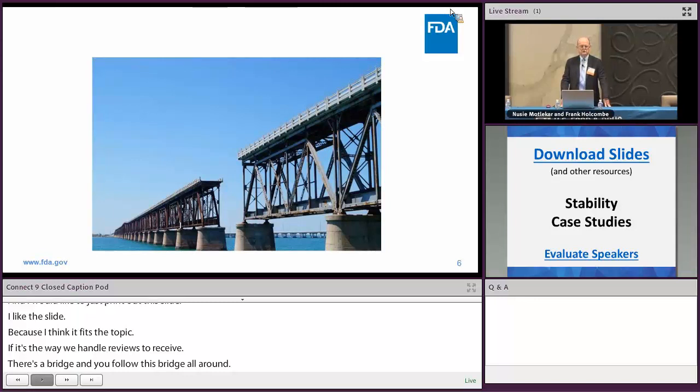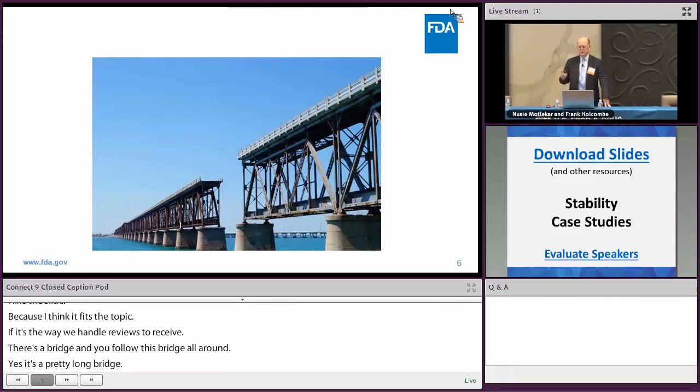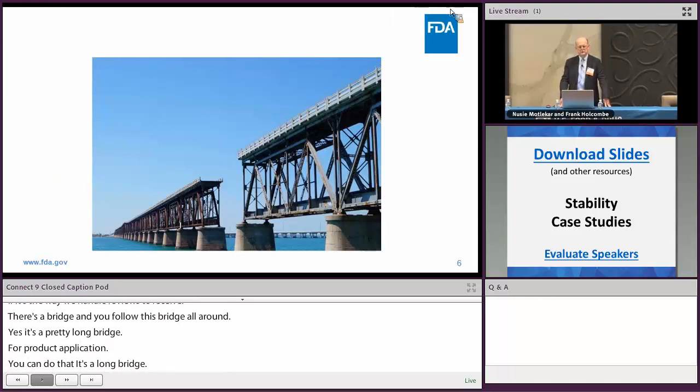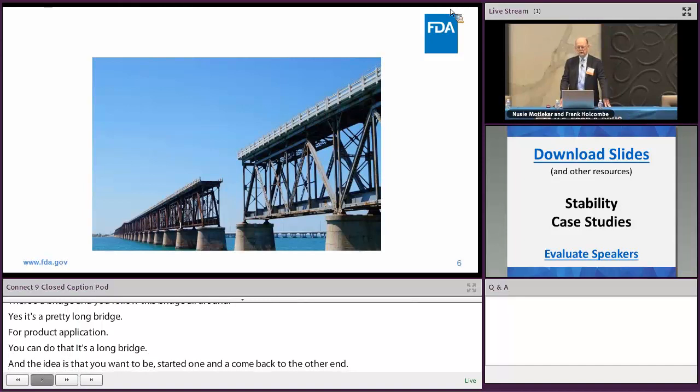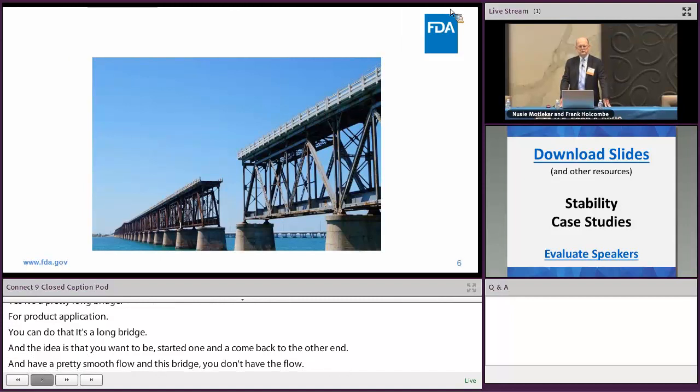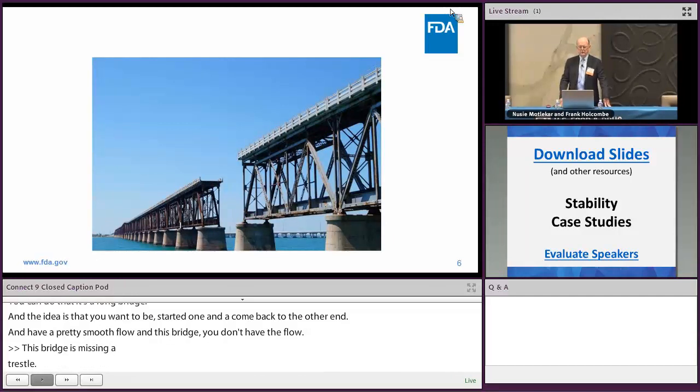It's a long bridge, and the idea is that you start at one end and come back to the other end in a pretty smooth flow. This bridge, you don't have that flow. This bridge is missing a trestle. You can't get across that trestle without doing something to the bridge. Not fixing the bridge, but continuing to build the bridge.